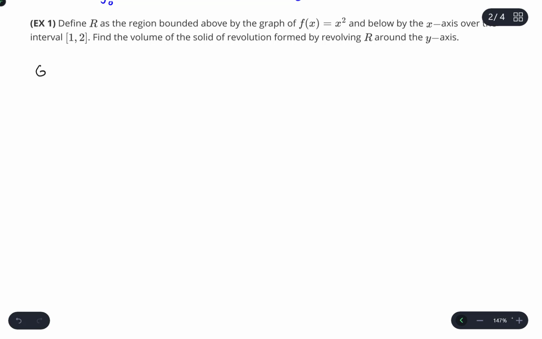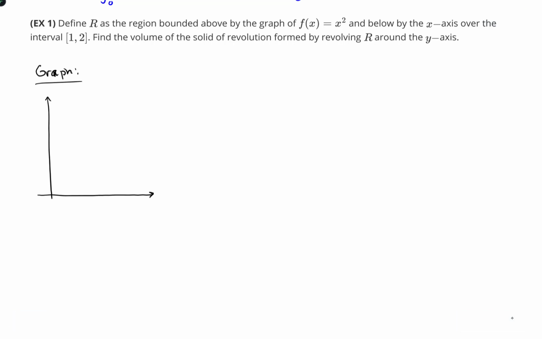Okay, let's take a look at what this region looks like. All right, so I think everything should be in the first quadrant. And my x interval is 1 to 2, so I'll put 1, 2 there.